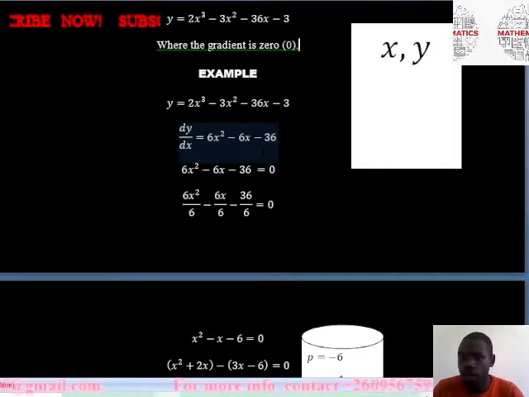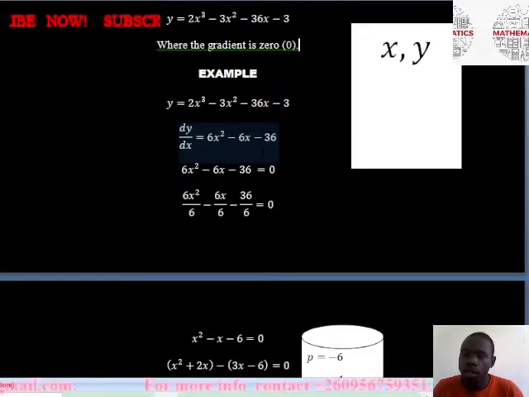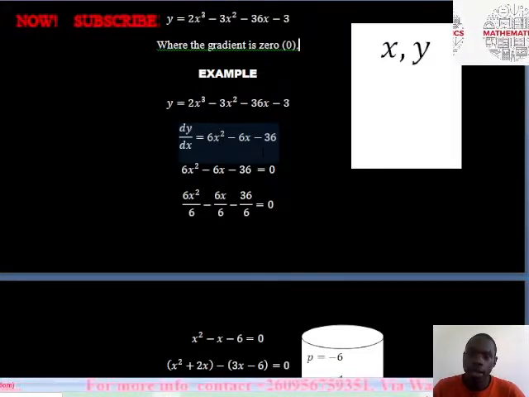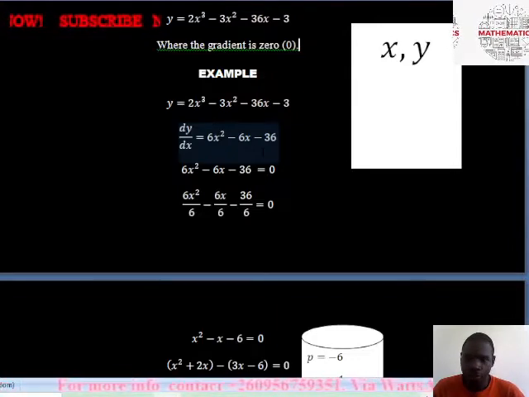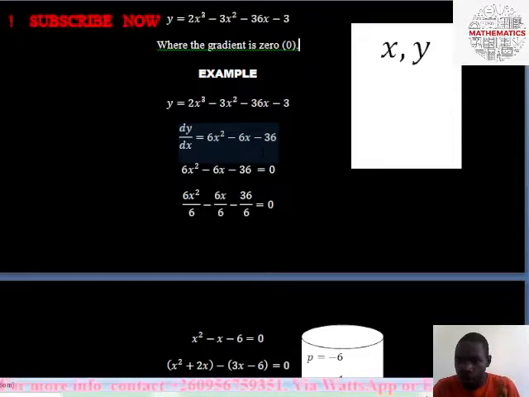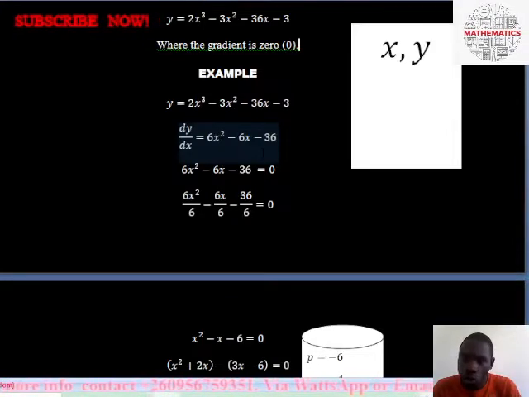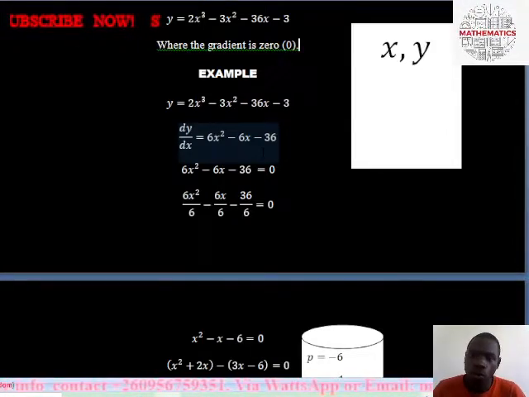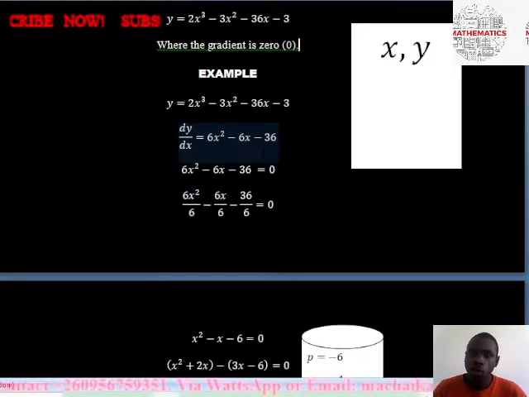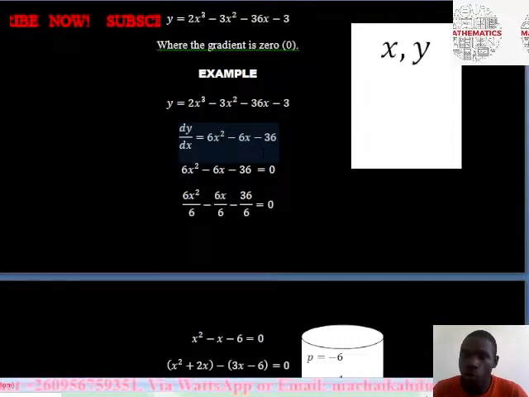So now after differentiating the curve, you need to transform it to a quadratic equation. How do you transform it into a quadratic equation?